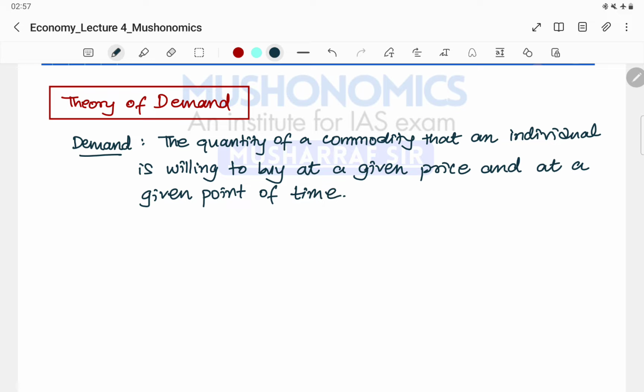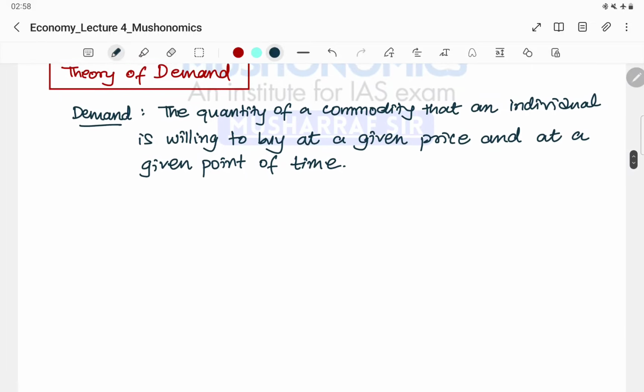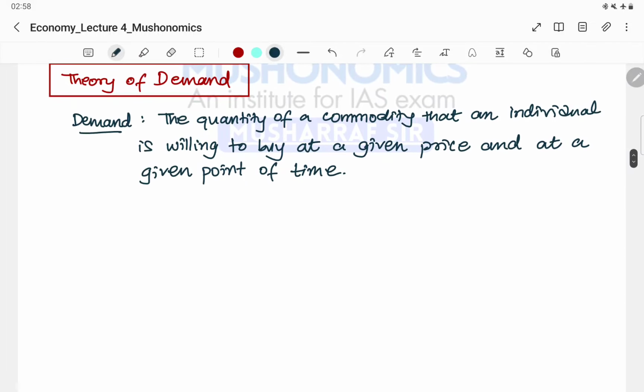So this is demand. Let's understand what exactly it is. The quantity of a commodity that an individual is willing to buy at a given price and at a given point of time. Let's take an example, then you will understand, which is also called as law of demand.